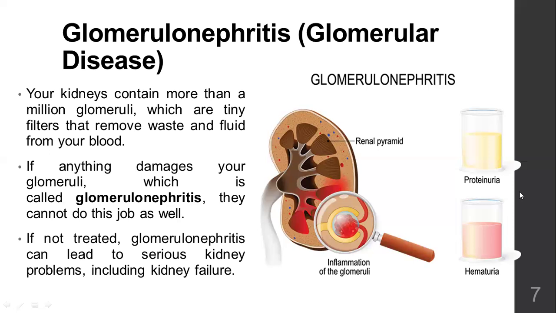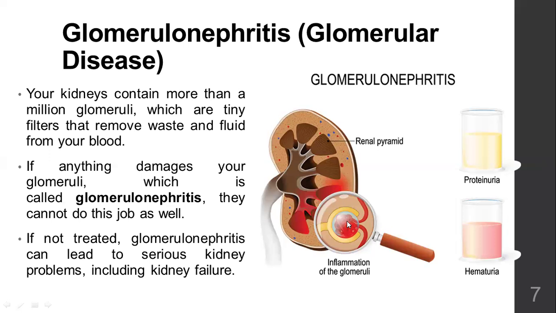So people who suffer from glomerulonephritis will have protein in their urine. They will also have blood in urine, because when anything is inflamed, these capillaries are not able to do their job properly because there is an inflammation. So what is not supposed to leave the blood vessel can also leave the blood vessel.